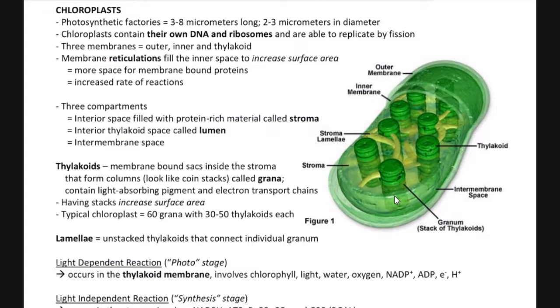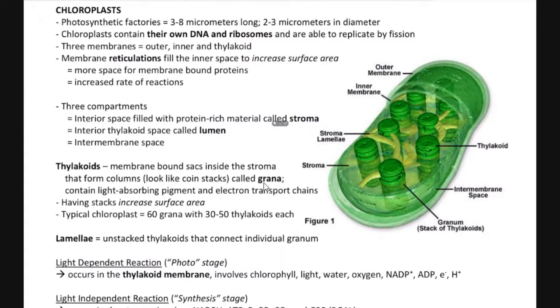So let's zoom in now on the thylakoid itself. The one single one is called the thylakoid. The whole stack is called a granum. See this word here? G-R-A-N-U-M. U-M is one stack. All the stacks, or at least more than one stack, is called grana. So thylakoid is the disc.